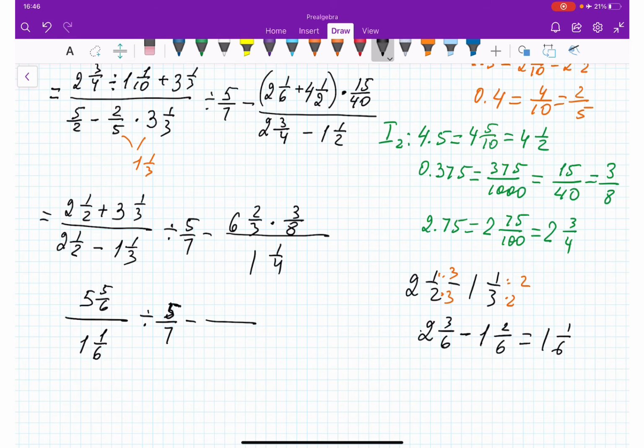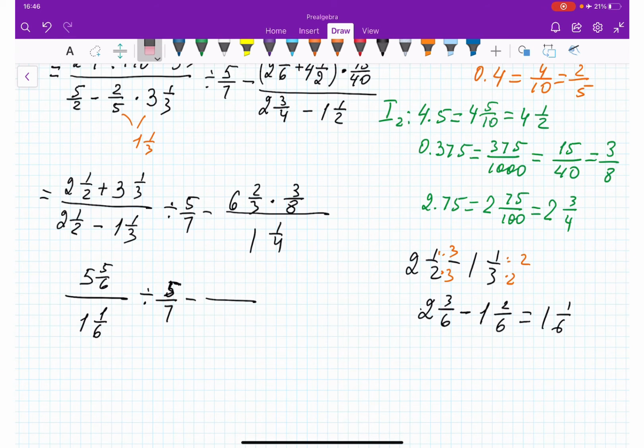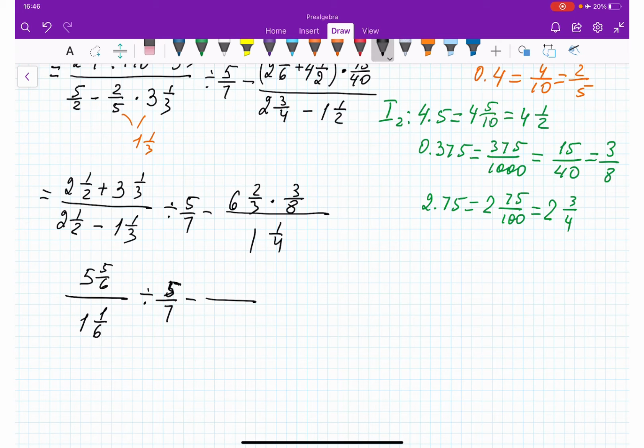Minus, well, let's see. What do we have? We have 6 and 2/3 times 3/8. We need to multiply. So we need to convert into an improper fraction. 6 times 3, 18, plus 2 is 20. 20/3 times 3/8. So 3 and 3 is gone. 20 and 8, we can divide by 4.